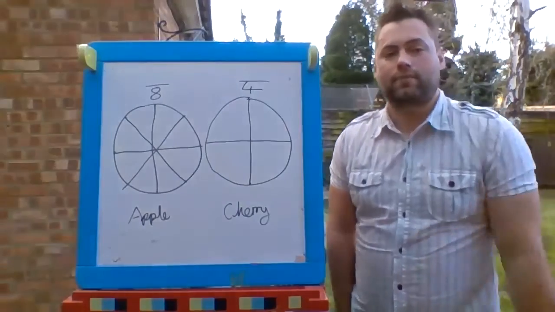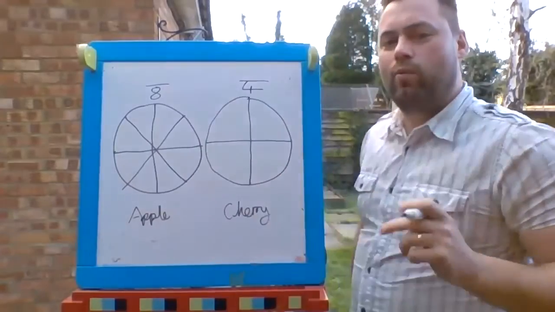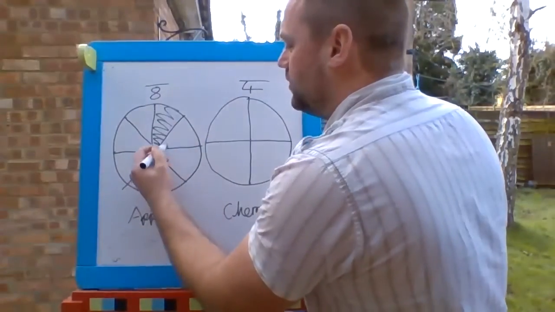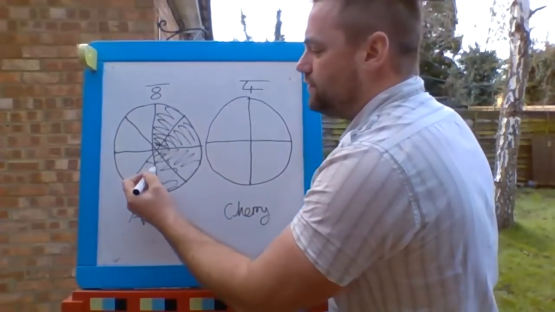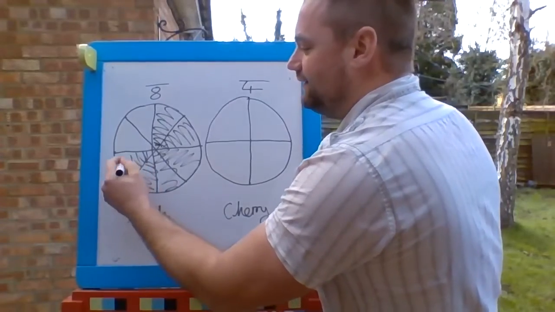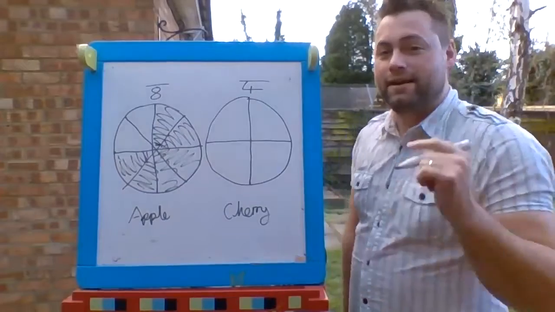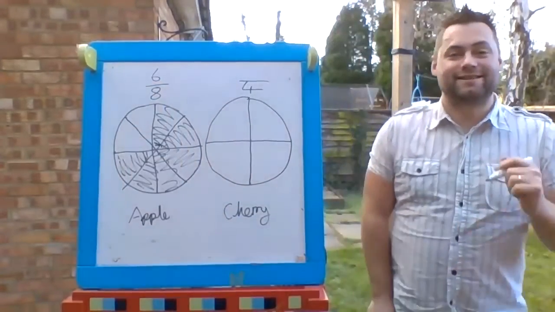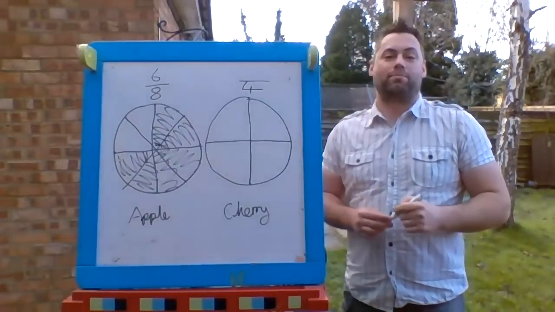Now, I then eat. On one day, I eat apple slices. I have 1, 2, 3, 4, 5, 6. I've eaten 6 slices of my apple pie. So that is my numerator, and I put that at the top. So I have eaten 6 slices out of a total of 8 parts of my apple pie.